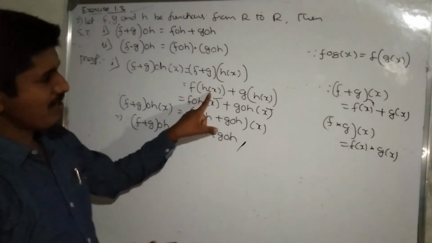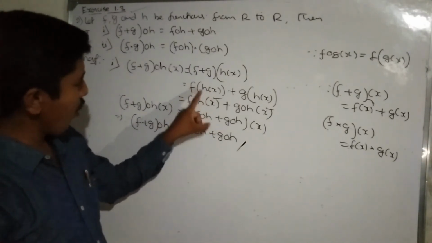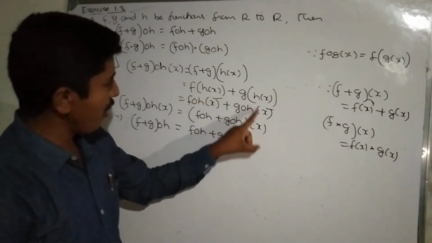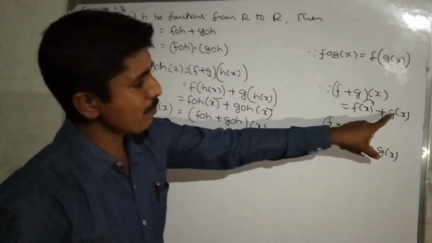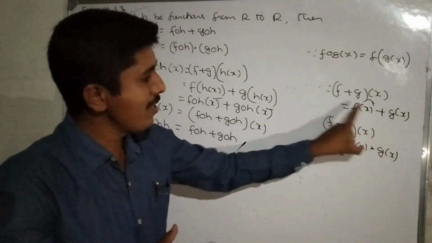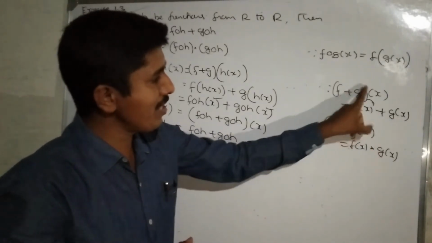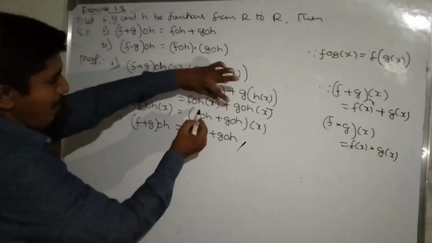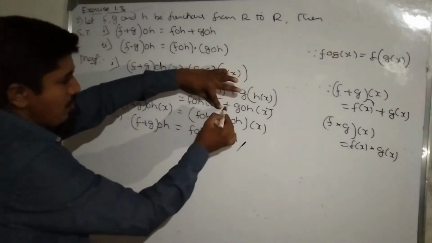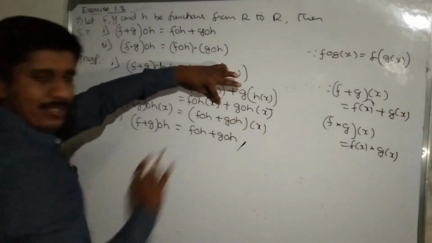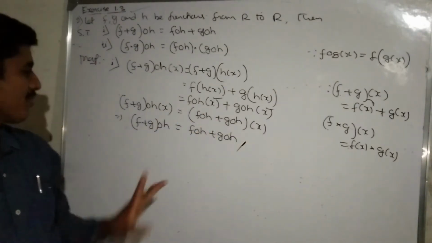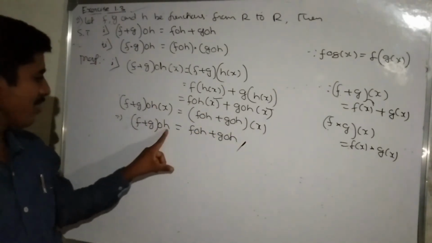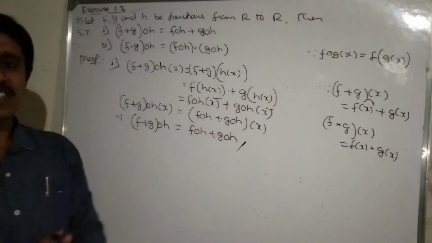Again, this can be written as FoH of x plus GoH of x, which is (FoH plus GoH) of x. On the LHS, remove domain element x on both sides. Then (F plus G) o H equals FoH plus GoH.